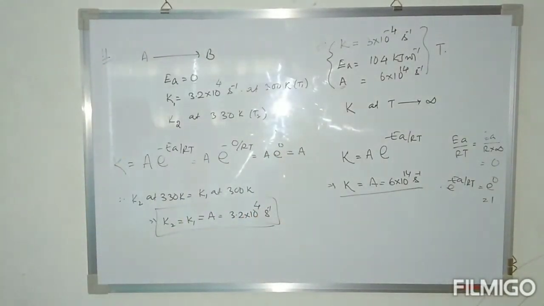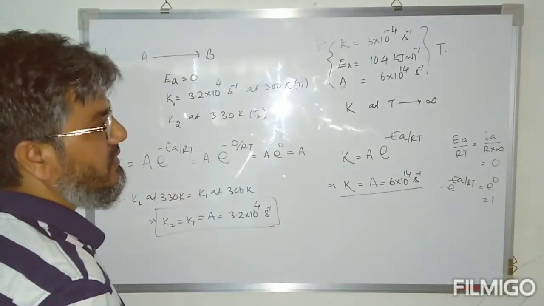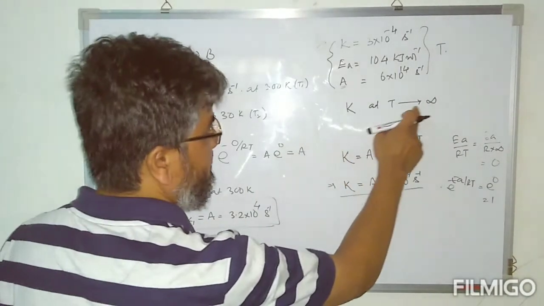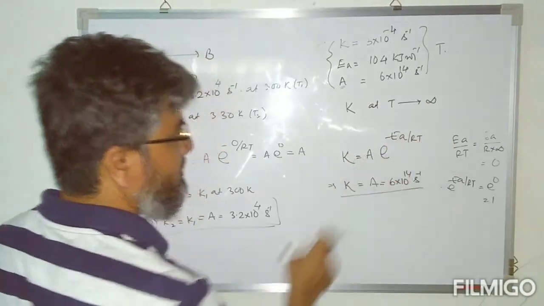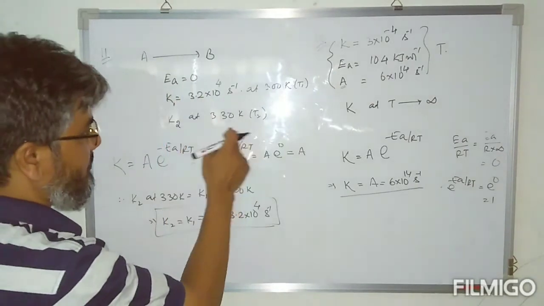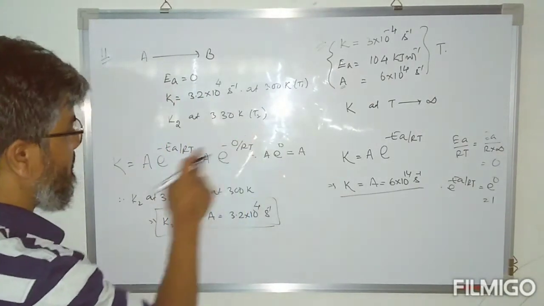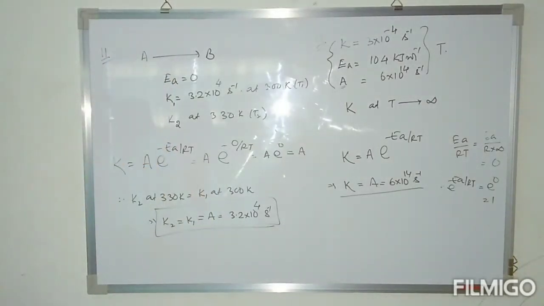So with activation energy being 0, the rate constant is independent of temperature. In the previous question, as temperature goes to infinity, the exponential term comes out to be 1. With activation energy 0, the exponential term also comes out to be 1. Then the rate constant K is equal to the exponential factor A.